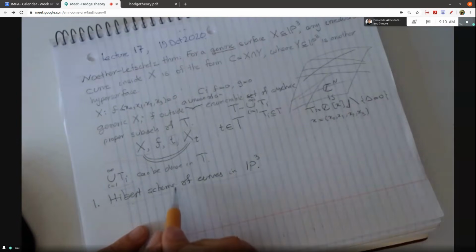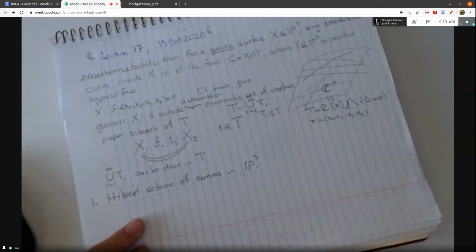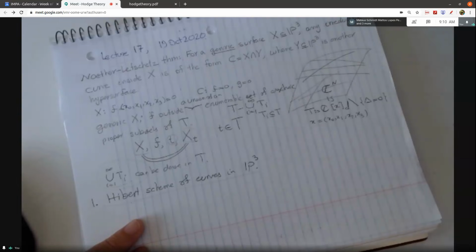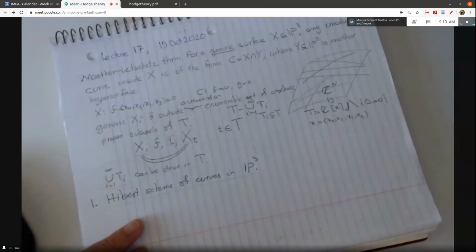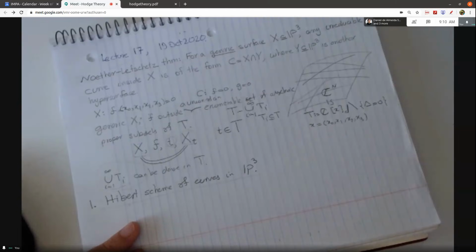Actually, there are a lot of open problems in the Hilbert scheme of curves in P3, and there are many in the literature. But let me tell you what exactly we need from the Hilbert schemes.